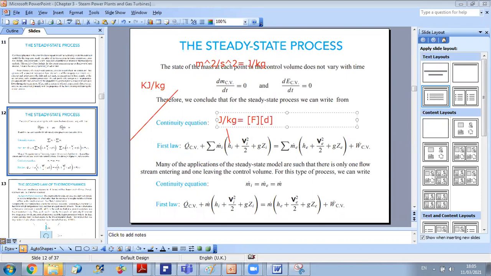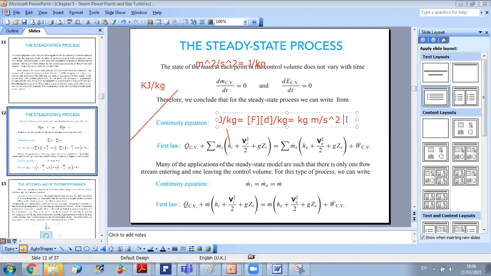Now, what is the unit of force? Force is mass times acceleration, from Newton's second law: the sum of forces equals ma. So the unit of force is mass, kilogram, times acceleration, and the acceleration unit is meter per second square. Then I multiply by distance, and don't forget to divide by kilogram because you have joule over kilogram.